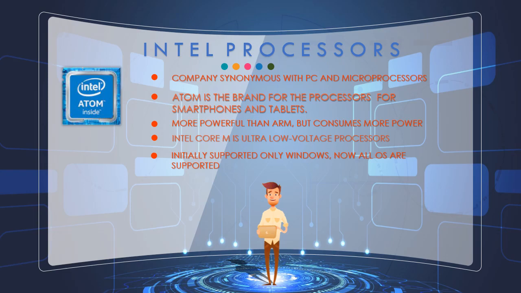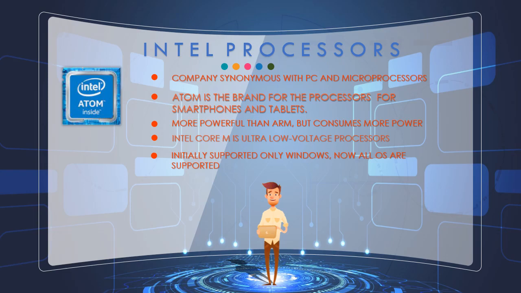Then Intel Core processors, or Intel Core M, is an ultra low voltage processor. It is a very low power consuming processor, which made Intel stand out among the processor making companies. Initially it supported only Windows.